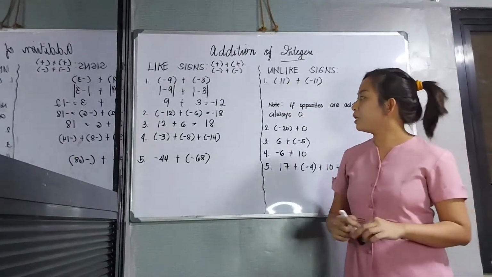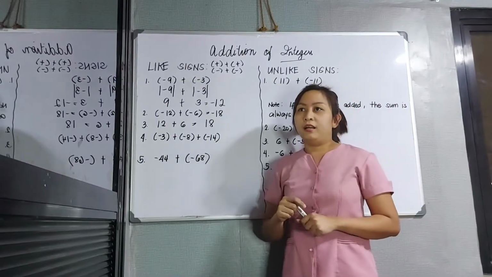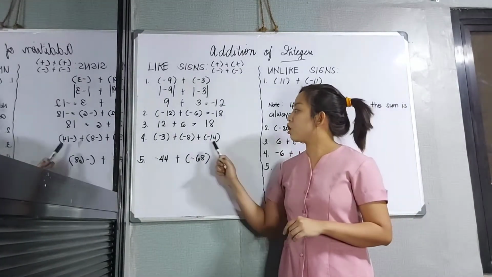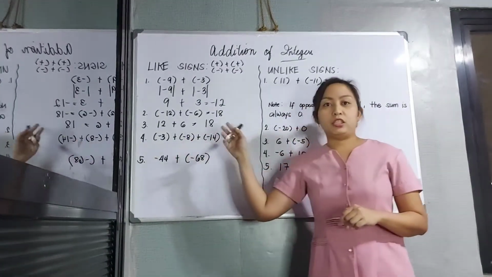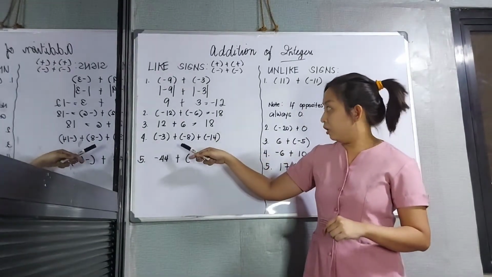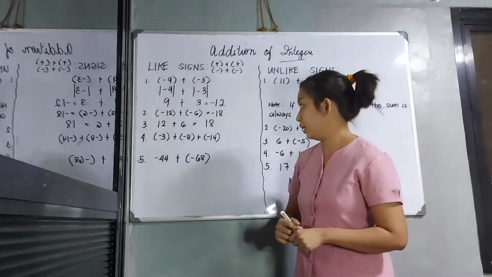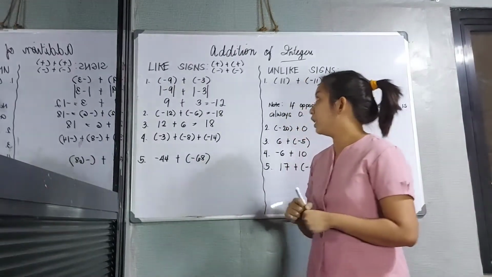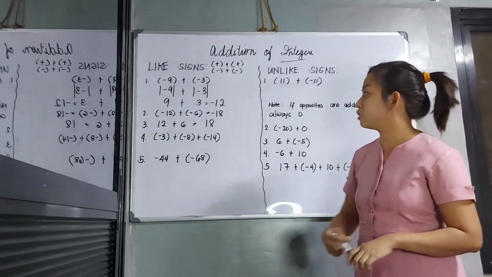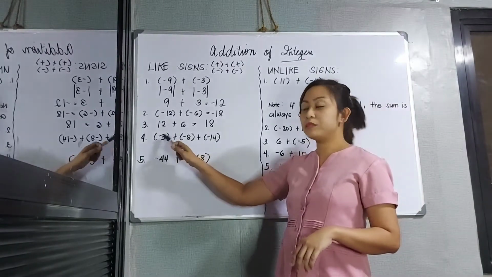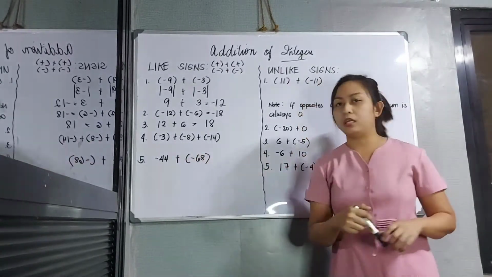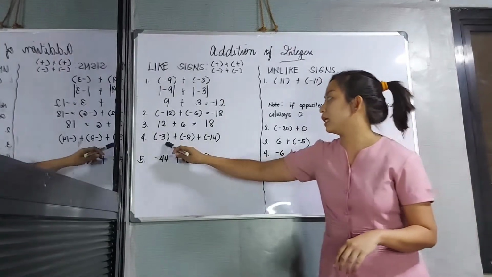For our example number 4, we can also add multiple integers. With three or more integers, we can also apply the rules in addition of integers. Since we have the same sign here, negative, negative, negative, we will just add the 3 numbers.